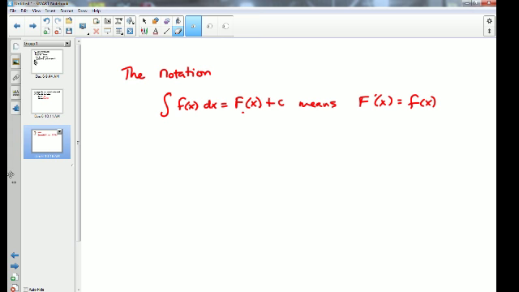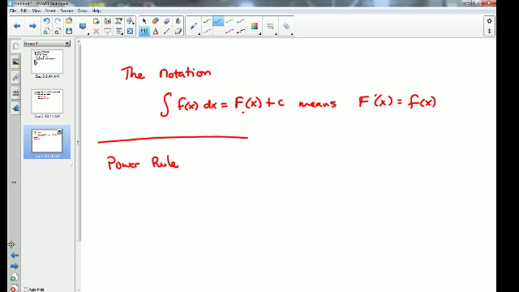Is big F prime of x the antiderivative? Big F prime of x. Yes. Yes. Okay. Yes, sometimes I have to think it through too. And the power rule in f of x is just the original, just plain f of x.